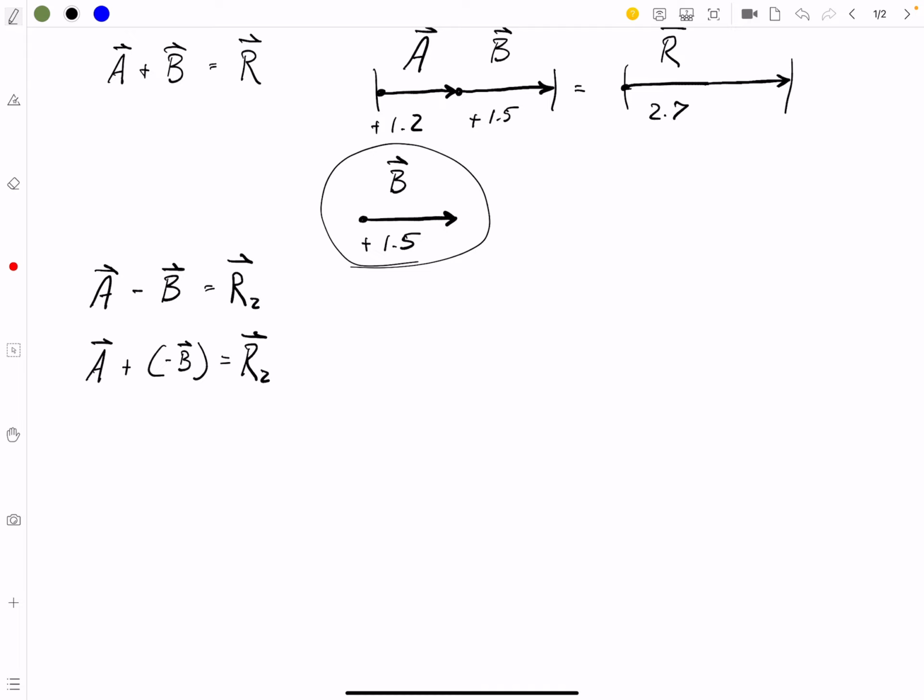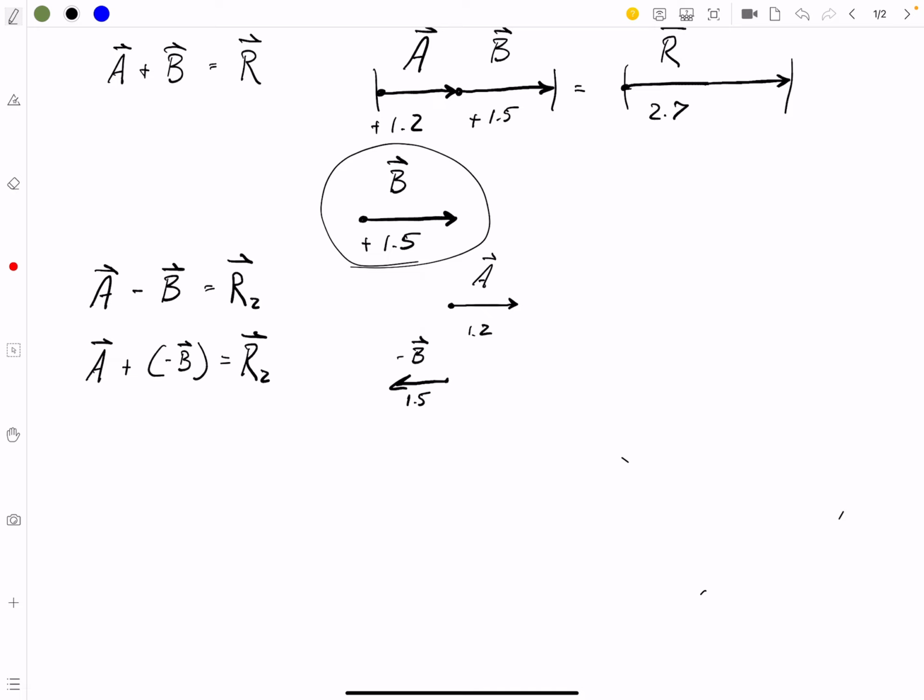So we can show our A going 1.2 in this direction, and we've got our B going 1.5 in that direction, our negative B. We pick them up, we put them down, head to tail.